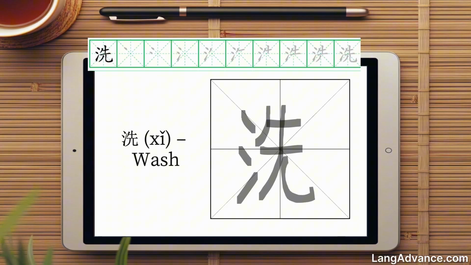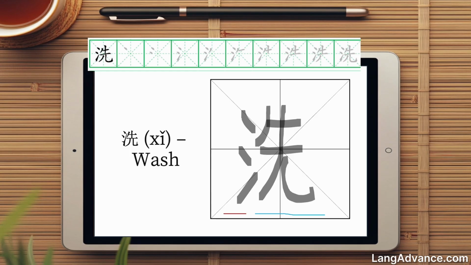Now let's see how you write that in Chinese. We have our water component and we have this second part, which is 先. Some of you may already say, isn't this 先, which means first? Yes, indeed. So when you combine it together, wash: first things first, you need water.